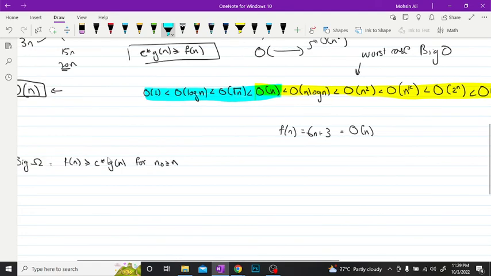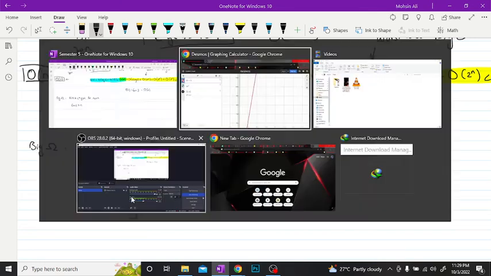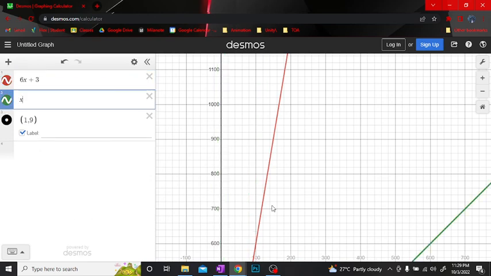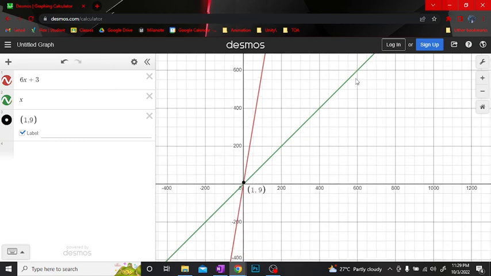So technically, I can say 6n plus 3 is always going to be greater than or equal to n. Is that the case? That is the case. And that is acting as a lower bound of f of n.